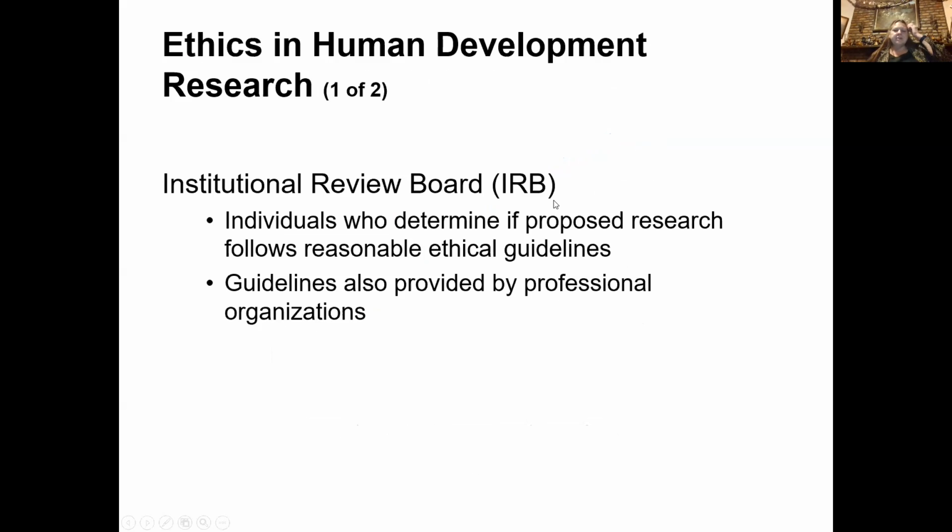Okay, ethics are important. Before you can just go out there and do research on people or animals or anything else, you have to have it all approved through the Institutional Review Board. They're a group that determines if the proposed research follows reasonable ethical guidelines, guidelines also provided by professional organizations. So you can't just willy-nilly go out and do this stuff.